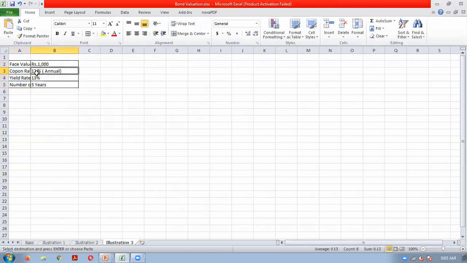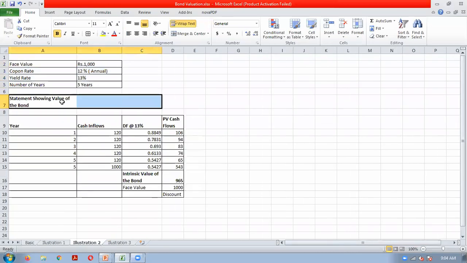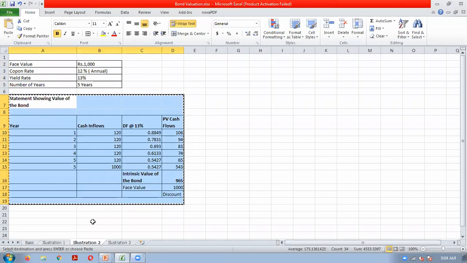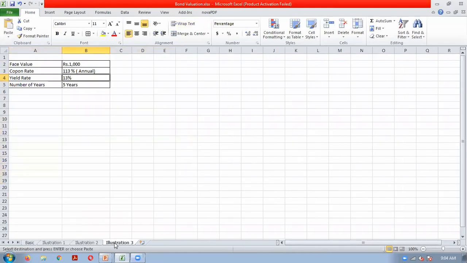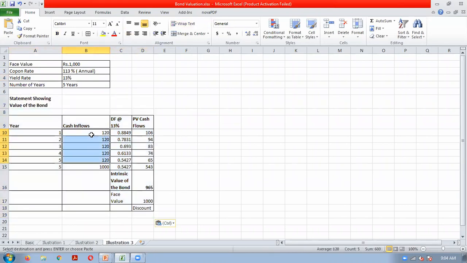Now what coupon rate will we be taking? 13 percentage. So if you take 13 percentage, your interest will become 1000 into 13 percentage, that is 130.